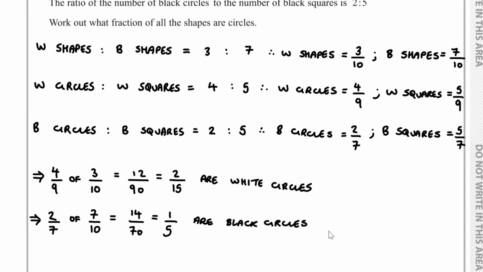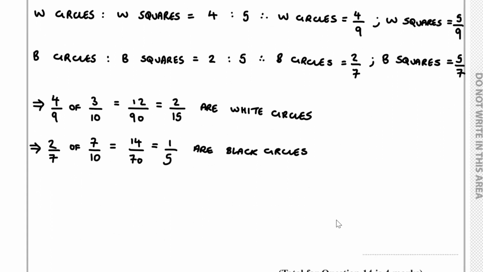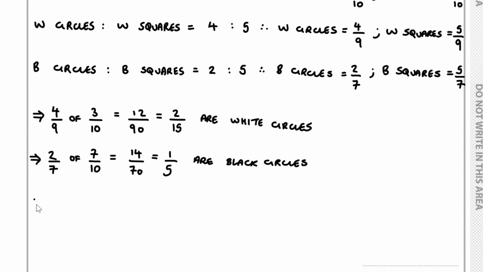And we're finding out what fraction of all the shapes are circles. So therefore, we've got here the 2/15 plus the 1/5. If I work this out, I'll leave it over 15, and then the 1/5 we can write over 15. 1/5 is the same as 3/15.